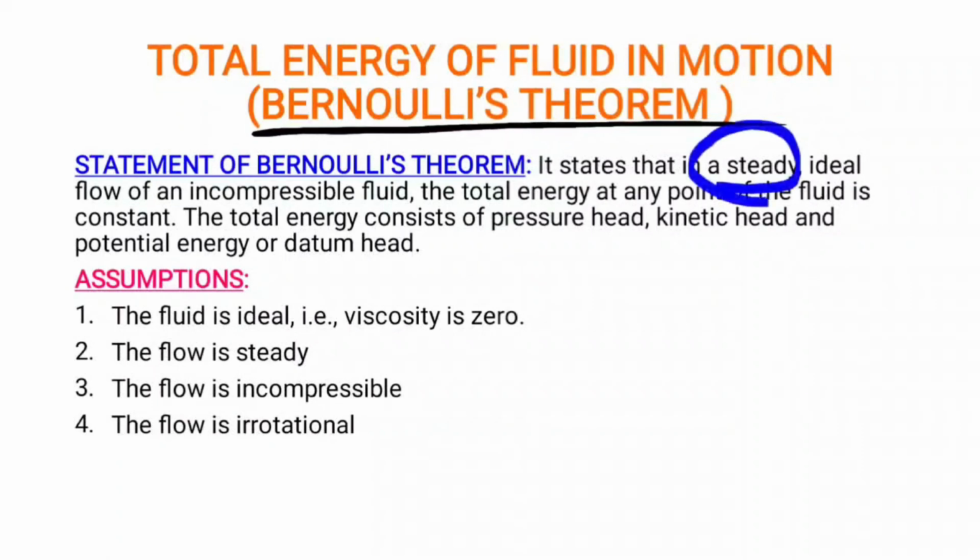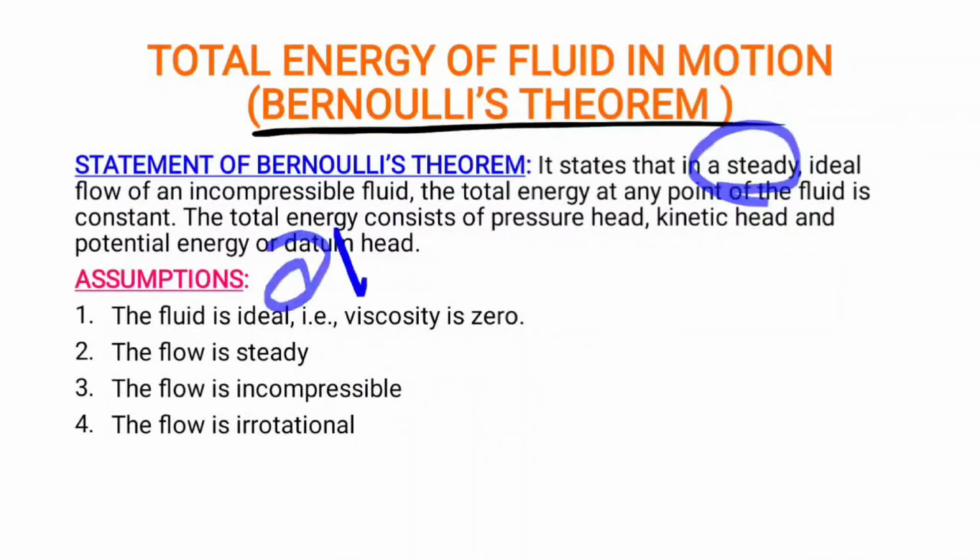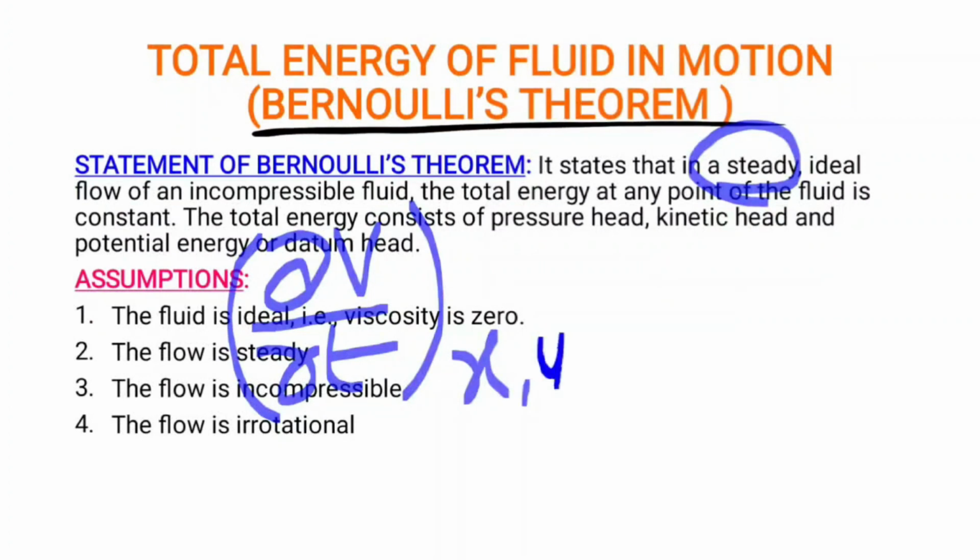Steady flow means the flow characteristics such as velocity, pressure and density with respect to time at any point are not changing. Mathematically we write ∂v/∂t at a point (x, y, z) equals 0.